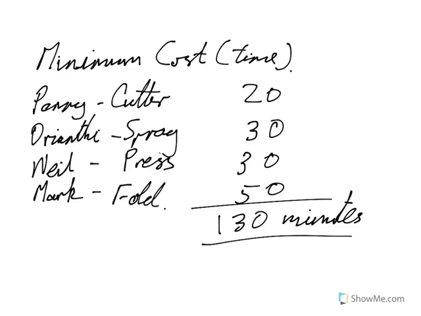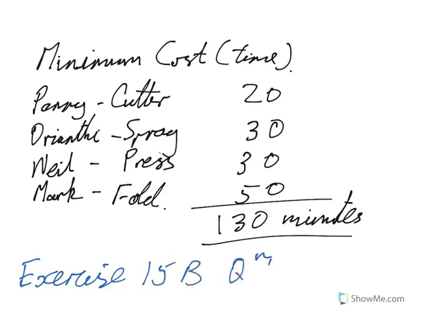Alright, so it takes a bit to get your head around that, the Hungarian algorithm. So here's some practice of that, and the practice of that is in exercise 15B.